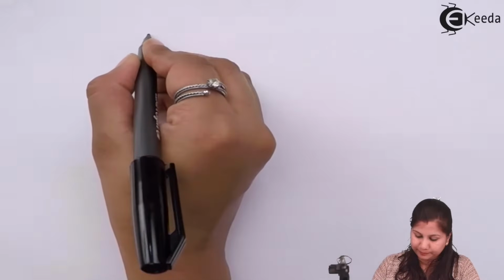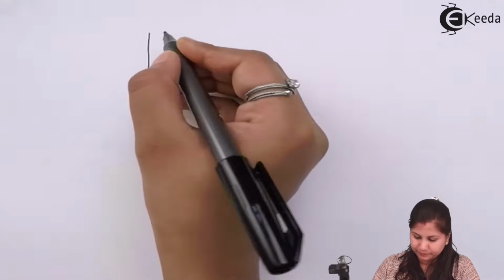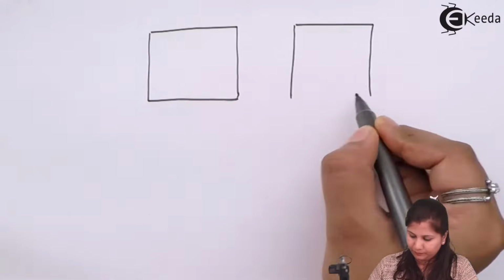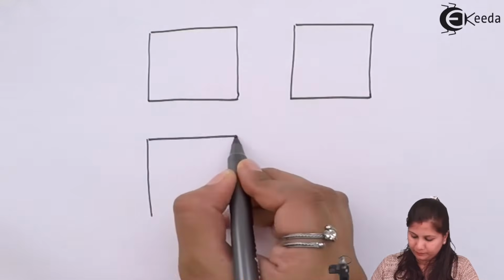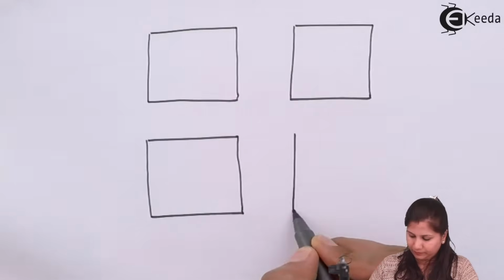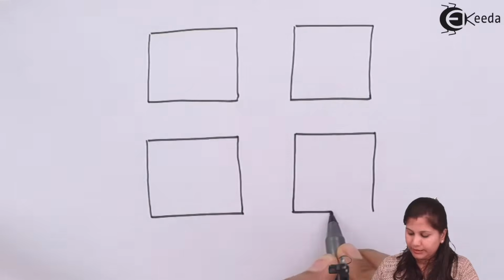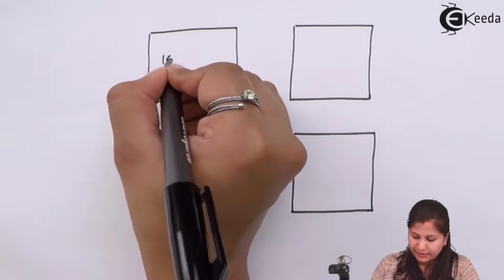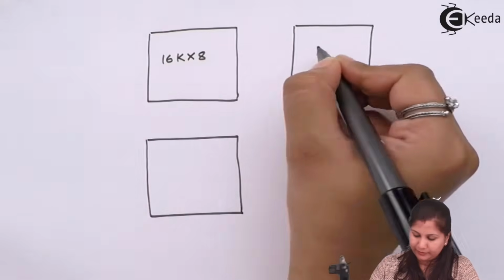Okay, so let's draw the interfacing circuit here. These are the 4 memory chips. The ROMs are of the size 16K into 8.